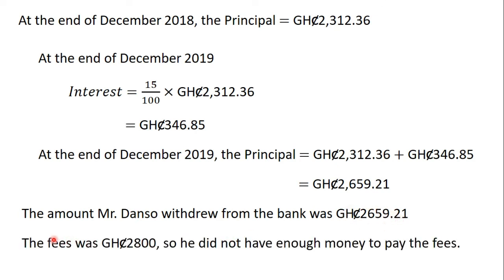But we know that the fees was 2,800 Ghana cedis. If we compare that with the money that was in his account at the end of December 2019, we can see that that money is less than 2,800 Ghana cedis. So he did not have enough money to pay the fees.